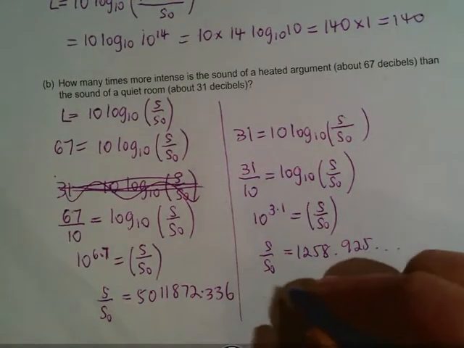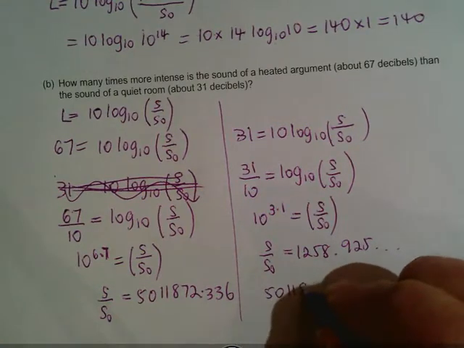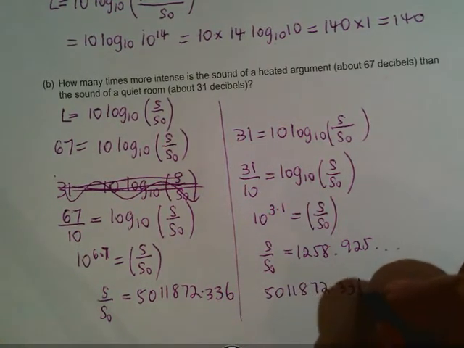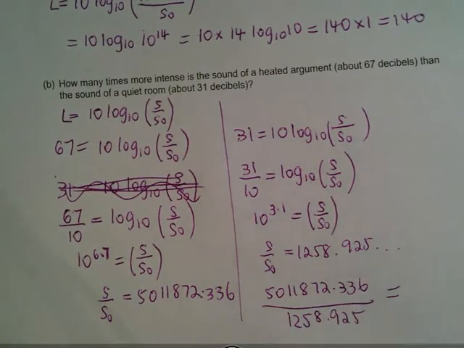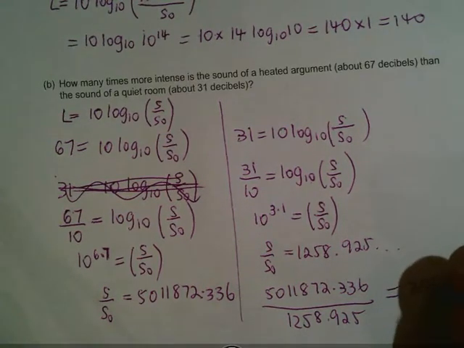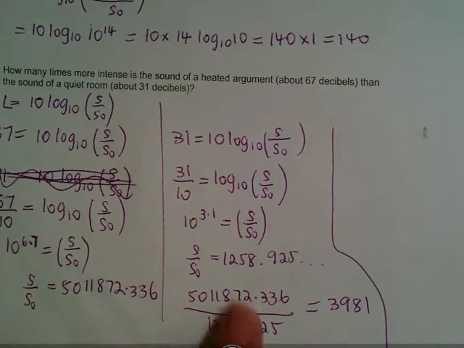So if we divide 5011872.336 by 1258.925, you get 3981. So it's 3,981 times more intense.